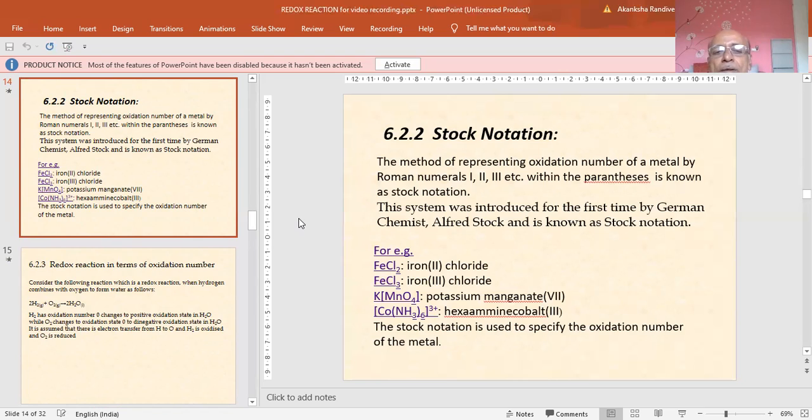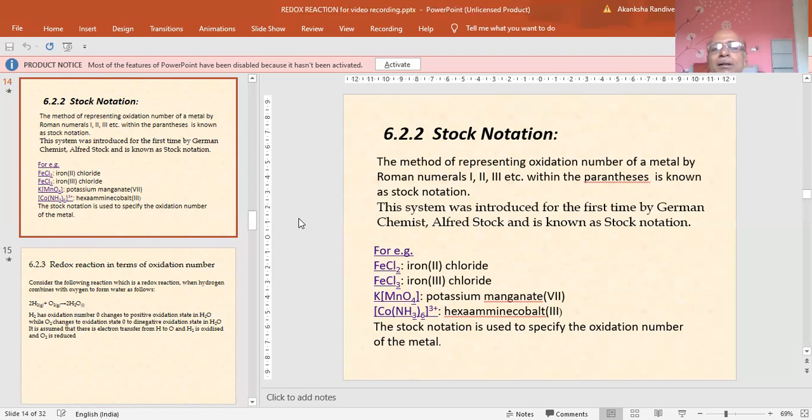Halogens, chlorine, bromine, iodine, they have -1 oxidation number. Similarly, alkali metals have +1 oxidation number. Alkaline earth metals have +2 oxidation numbers. We have studied these rules to assign the oxidation numbers. In stock notation, the oxidation number of a metal is represented in Roman numericals in parentheses.